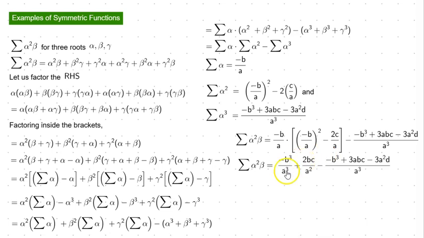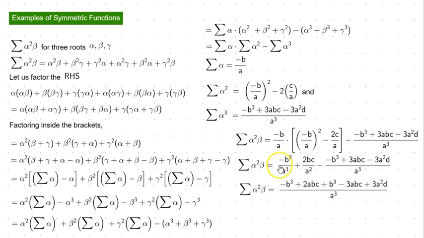Now simplification. This becomes b square by a square times minus b by a gives us minus b cube divided by a cube, plus, minus times minus plus, 2bc divided by a square, minus b cube plus 3abc minus 3a square d divided by a cube.